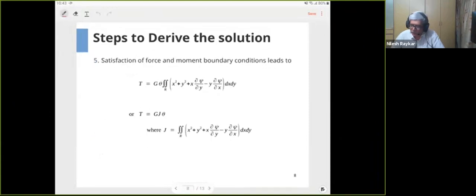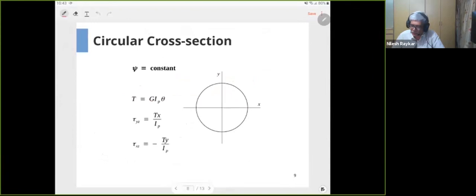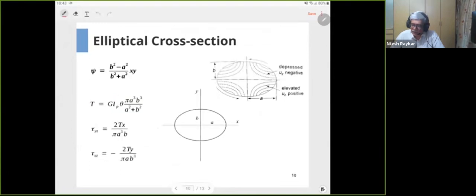And we also got the equation for torsion in terms of the warping function. We have seen two cases: one with the classical circular cross section, where the warping function is constant, and another, the elliptical cross section, where the quadrants marked here get depressed and the other quadrants get bulged out when you twist this particular cross section.